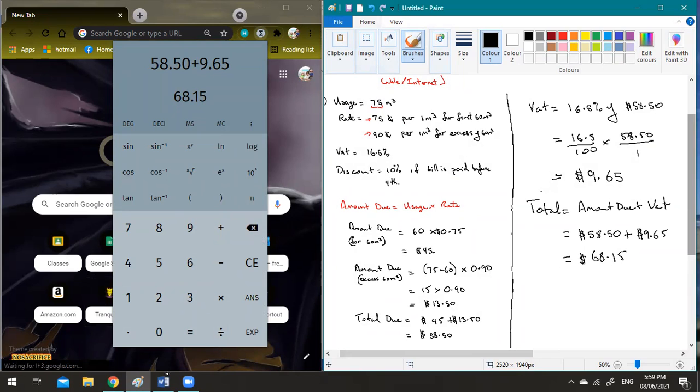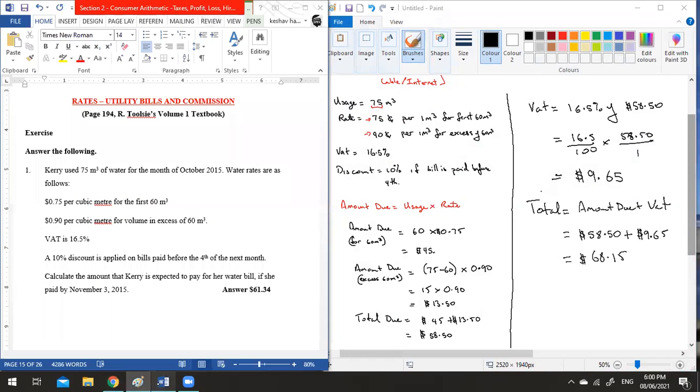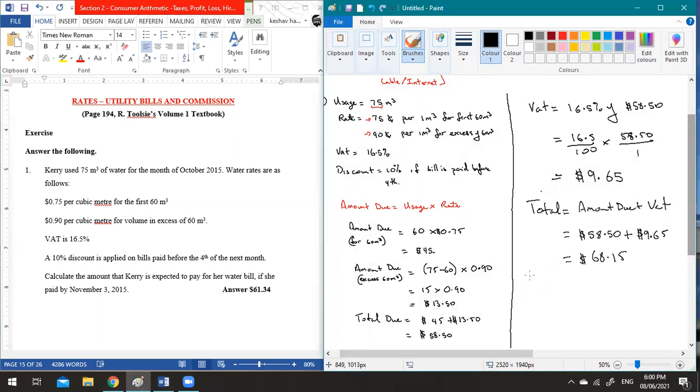Now the discount amount is 10% because she paid on the 3rd, and once you pay before the 4th, you get the discount, right? So she paid on the 3rd. So how much she will have to pay is 90% of the bill.